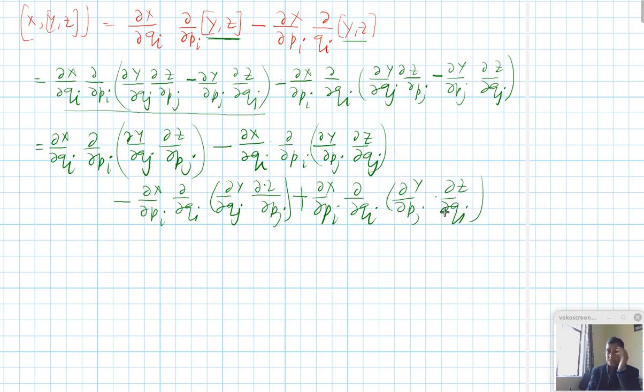So now it is basically the product of two functions. So I will apply the product rule here.